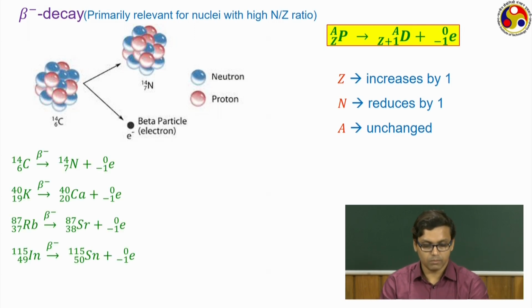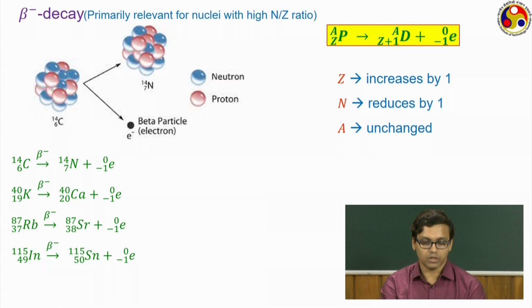These are certain examples ranging from very light to very heavy elements, 6C14 going through a beta decay process. Whenever you have a beta decay, you have to remember that the daughter will have 1 proton more. So, 6C14 will produce something which has an atomic number of 7, that is nitrogen, and the mass number will remain unaltered.